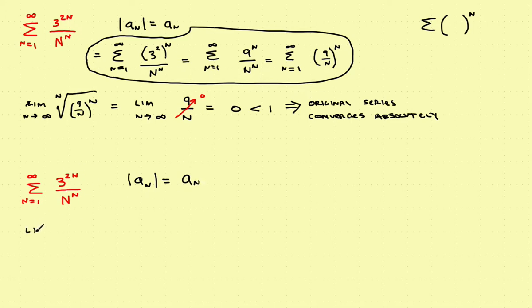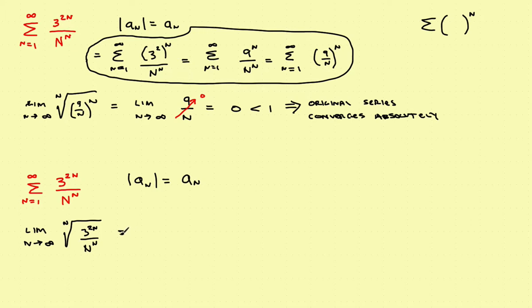But this time, let's work on the original problem without going through all that manipulation first. So this is going to go to infinity. I'm going to have the nth root of, now the original problem was 3 to the 2n divided by n to the n. But we haven't changed it into this form.